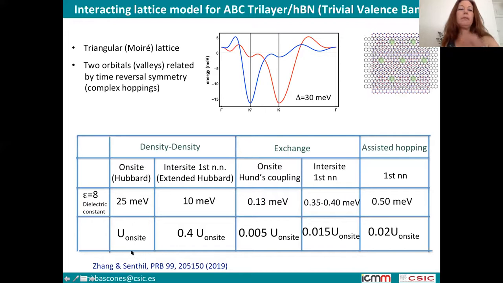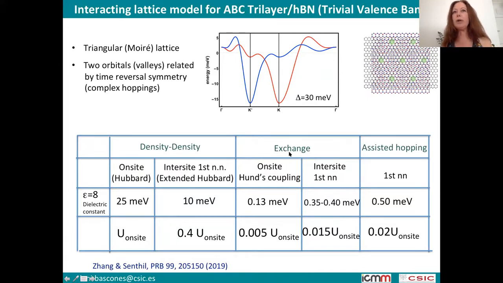In the same work, Senthil also did the projection of the interactions on the Wannier functions, so you can see what kind of interactions are present in this system. There are density-density interactions, both the typical on-site Hubbard interaction and also interaction to first nearest neighbors. These are sizable.